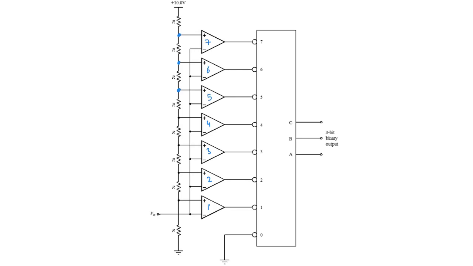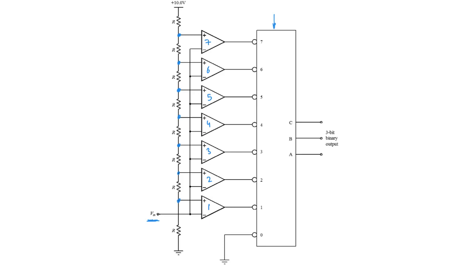Each of these comparators gets a different voltage at its non-inverting input, and these voltages are then compared with the analog input. Depending on what the analog input is, some comparators will have their outputs high and some low. This coding block then converts that into a 3-bit binary output.